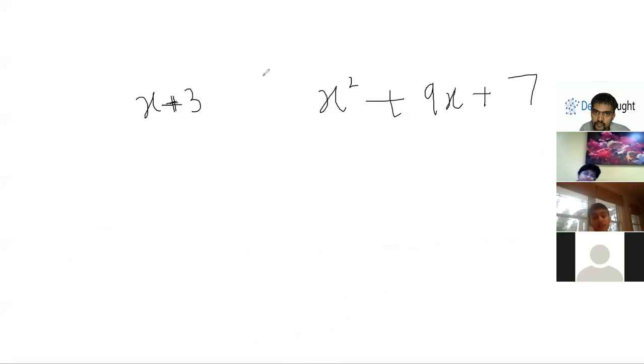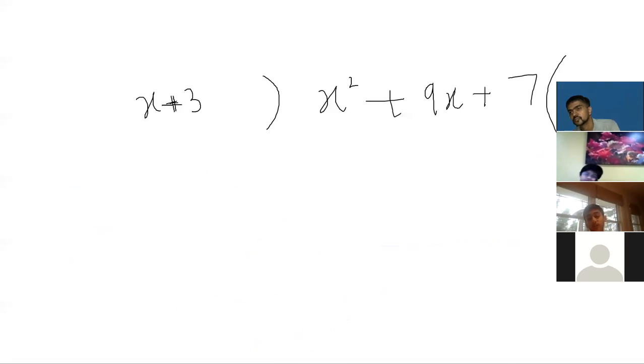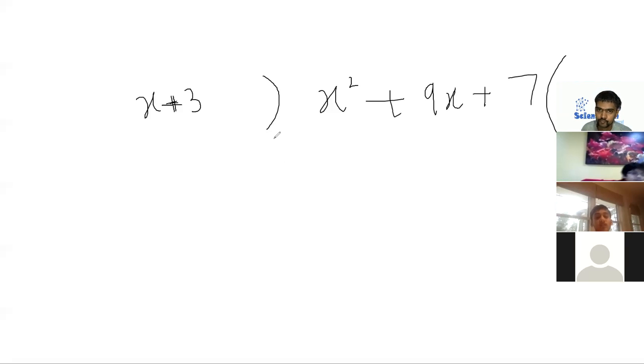Wouldn't the flipped version be different from the non-flipped version? In this problem, you flipped it because x plus 3 was the divisor. Okay, I got negative 2 when I divided. I thought x squared plus 9x plus 7 was the divisor, so I was trying to use that.